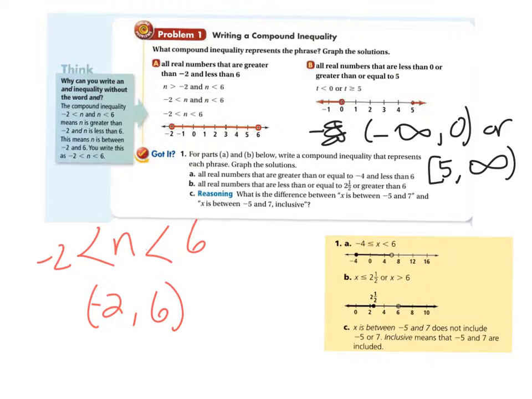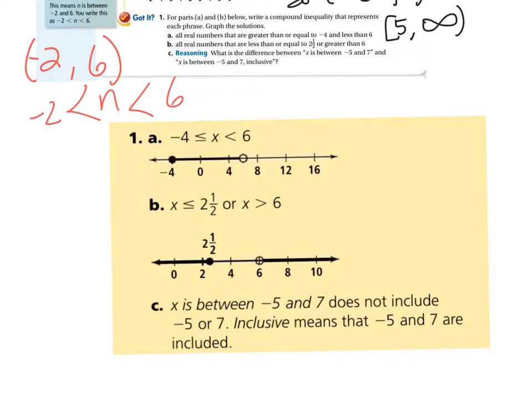Let's take a look at the got it's here. In parts A and B below, write a compound inequality that represents each phrase. Graph the solution. So all real numbers that are greater than or equal to -4 and less than 6. So again, you're going to write x is greater than or equal to -4, but x is less than 6.